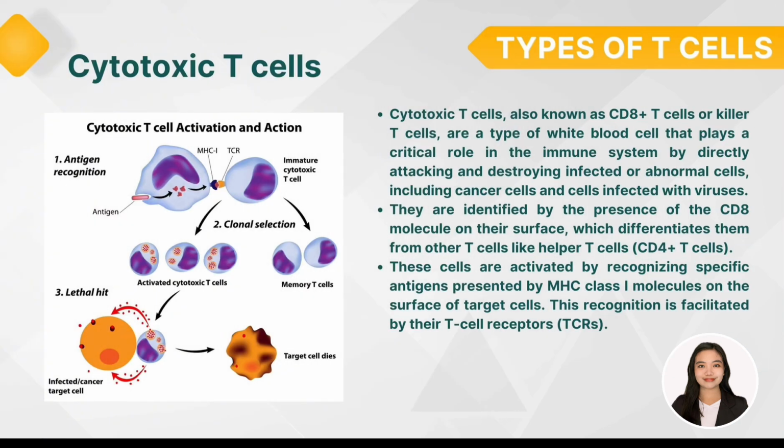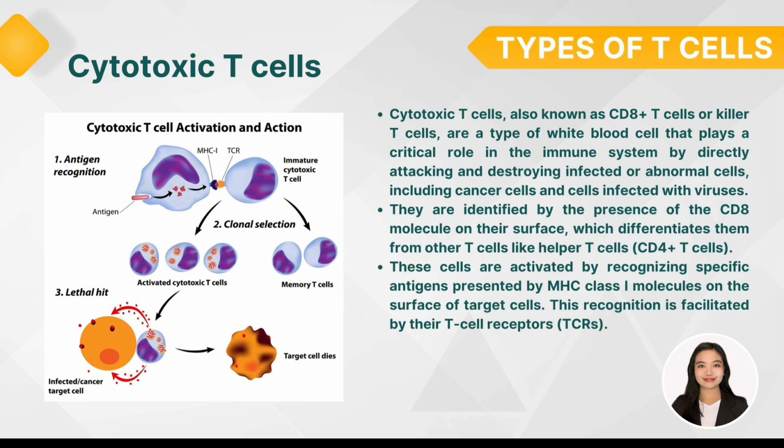So the next type of T cells are the cytotoxic T cells. Cytotoxic T cells, also known as CD8 plus T cells or killer T cells, are a type of white blood cell that plays a critical role in the immune system by directly attacking and destroying infected or abnormal cells. It includes cancer cells and cells infected with viruses.